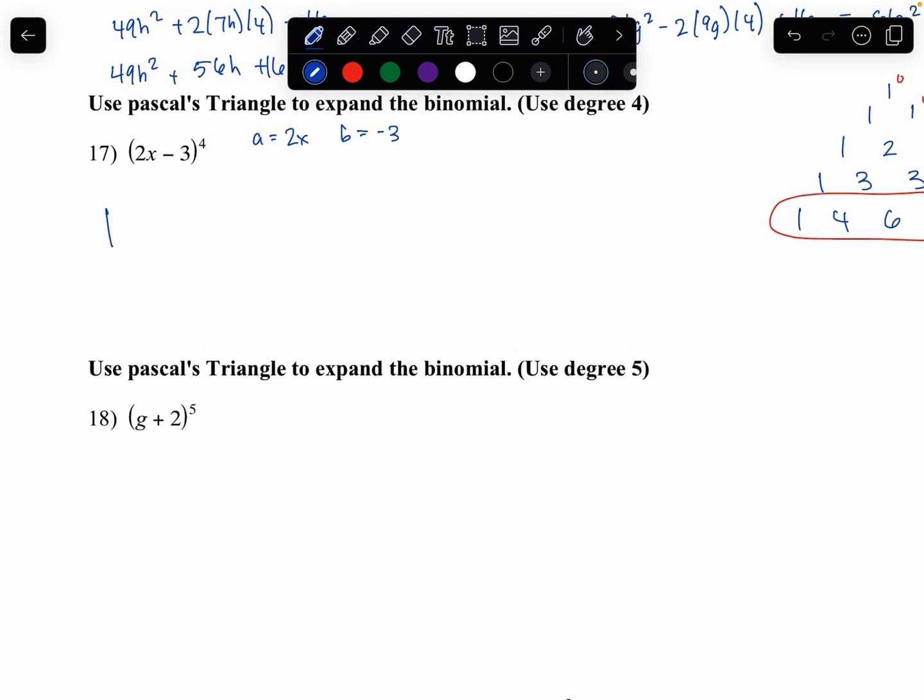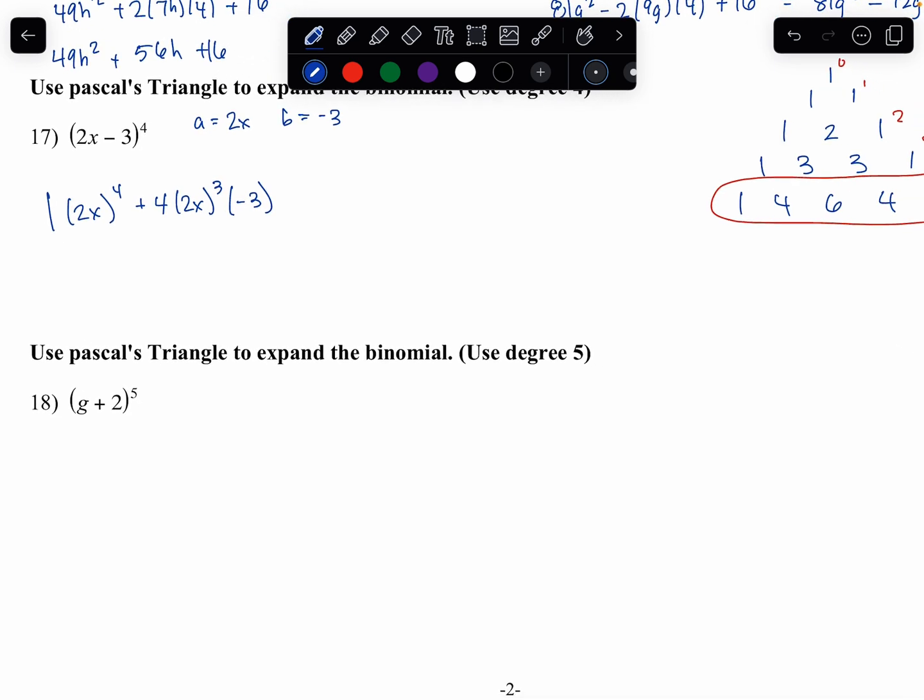And then it's a 4th degree, and we're only going to have 2x. So 1 times 2x to the 4th. Then we're going to do plus 4, because that's my next coefficient. And now we're going to have 2x, but this is now going to be to the 3rd. And then we're going to have negative 3 to the 1st power.